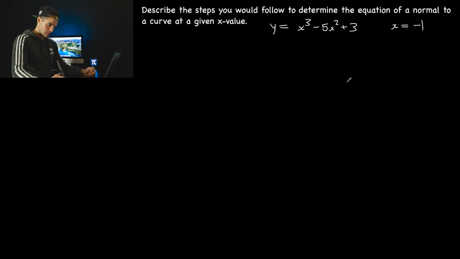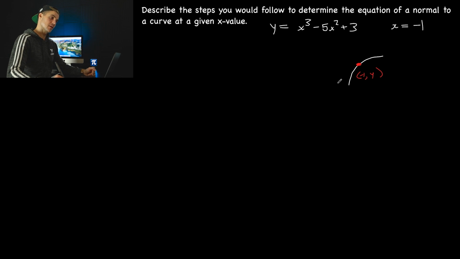Okay, so what are the steps that we would take to find the equation of a normal? Well, let's make a quick diagram. At -1, let's say this curve looks like this. I know it doesn't, but just to give you a quick visual, at this x value of -1, we don't know what the y value is. That's going to be one of the steps.